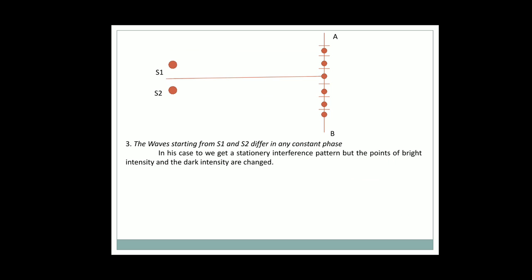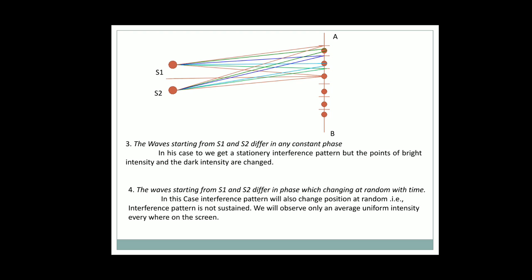Maybe the intensity changes from point to point. So we can see once again the light rays passing from S1 and S2 to reach the points and the dashes on the screen, and they form dark fringes and bright fringes alternatively on the screen.